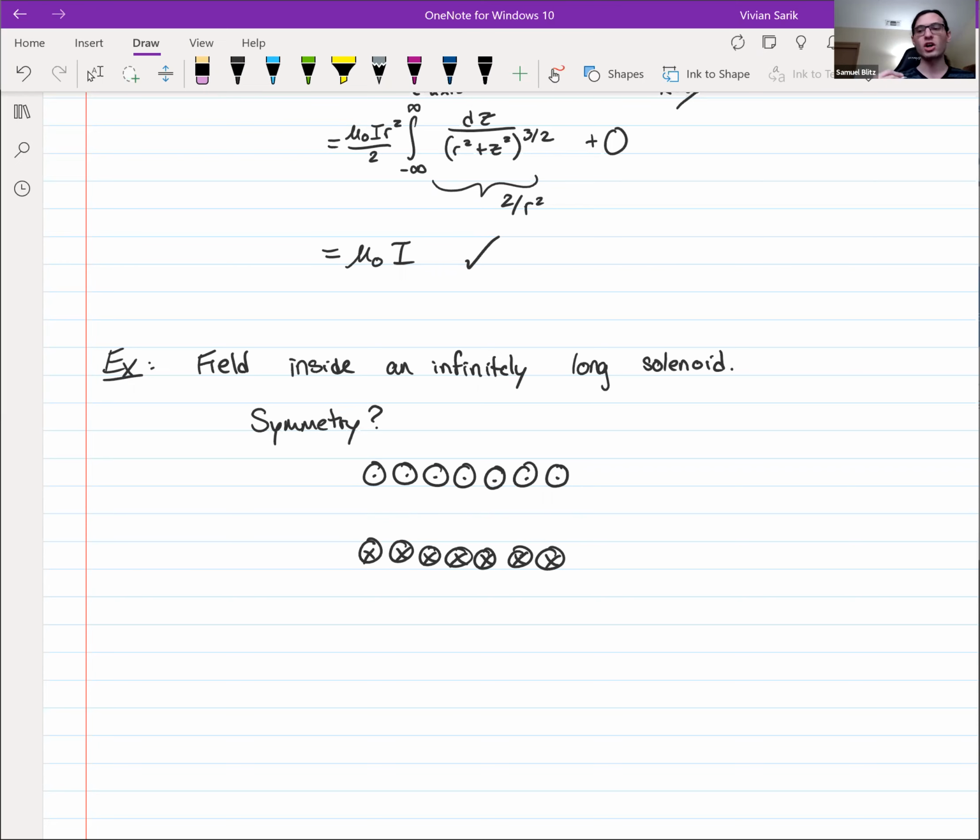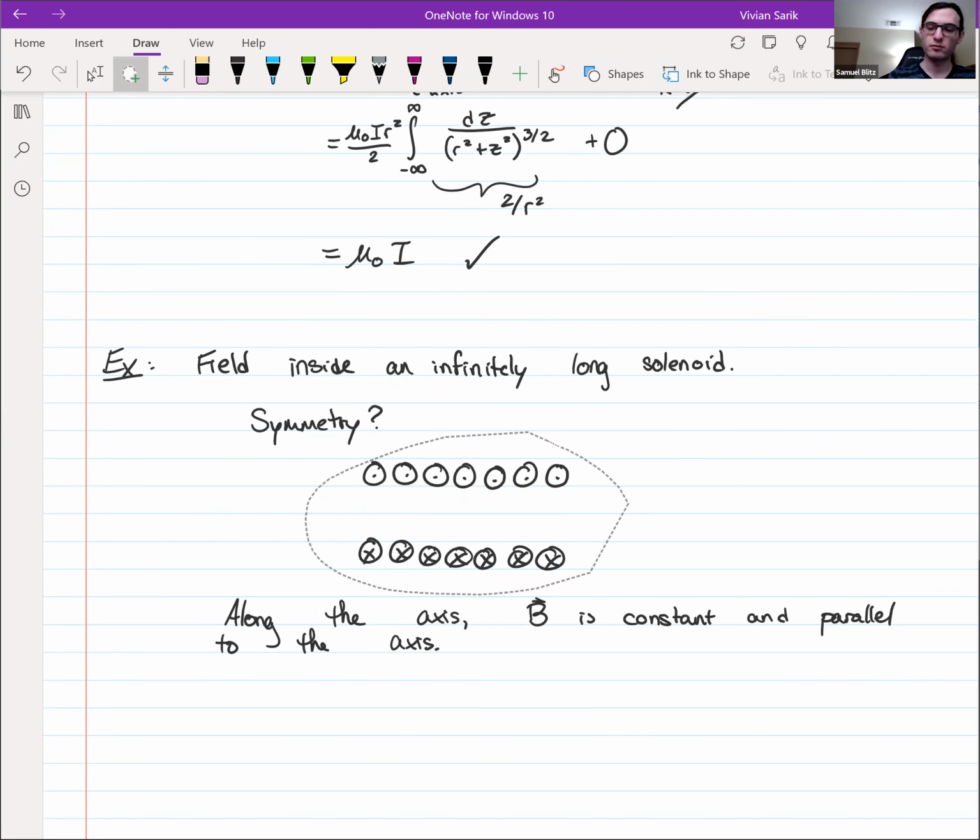So we know that along the axis of the solenoid, the magnetic field is constant and it points parallel to the axis. Let me copy that, and I don't know why it took so long to load there.